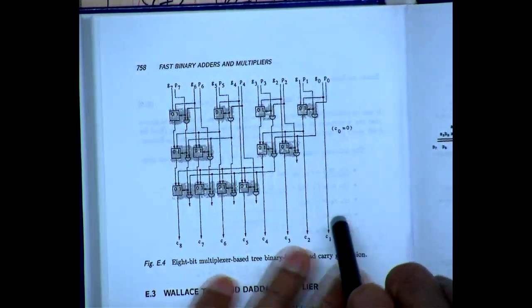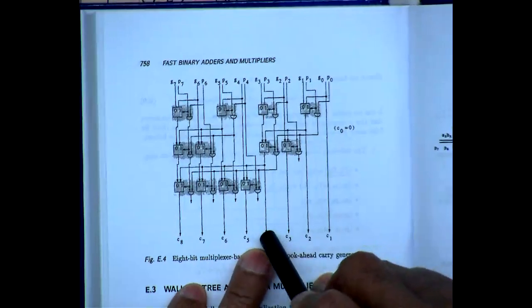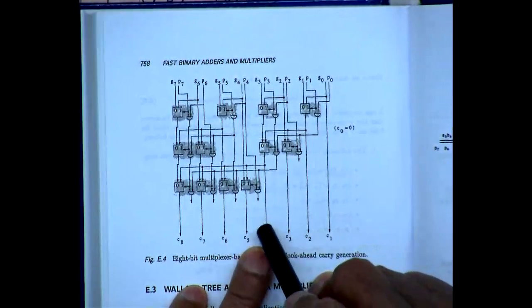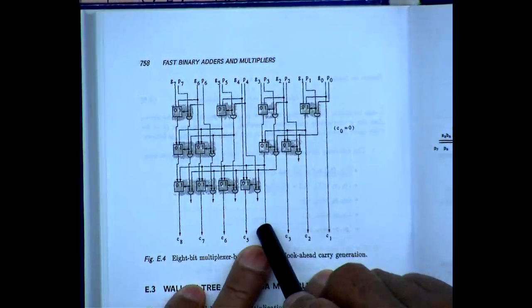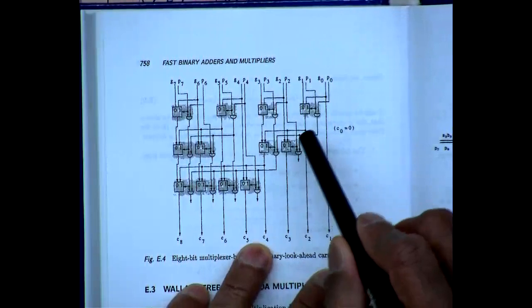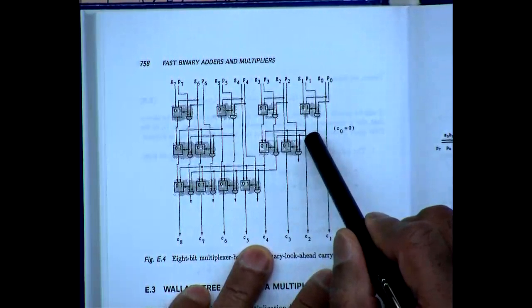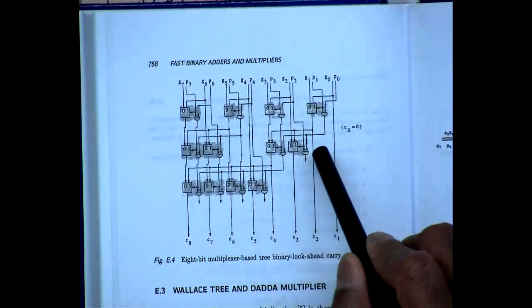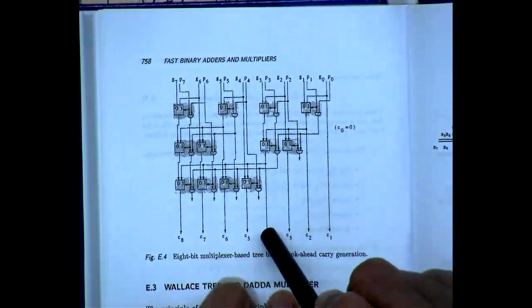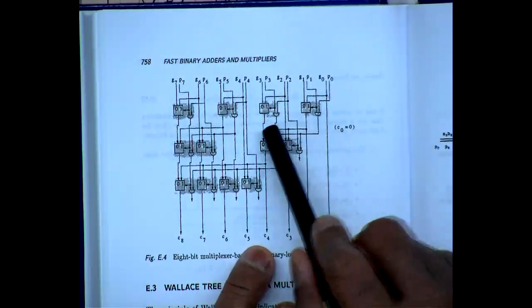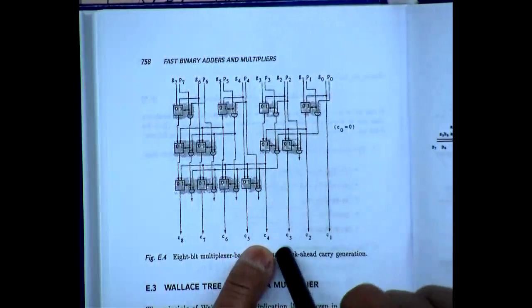Okay. How do I compute C4? The way we compute C4 is I'm using the equation Ci plus 2 computed from Ci. So substitute i equal to 2: I compute C4 using C2. And then how do I get C3?